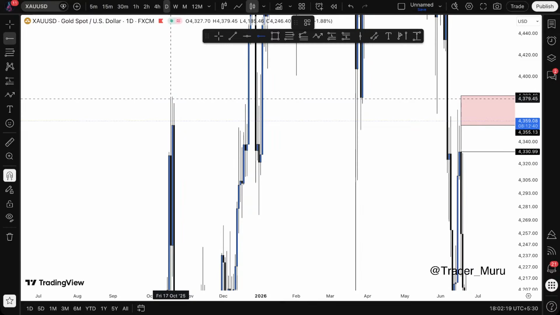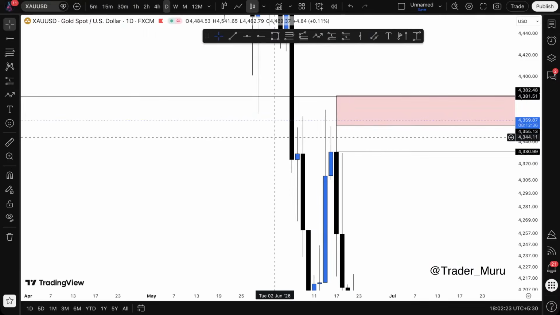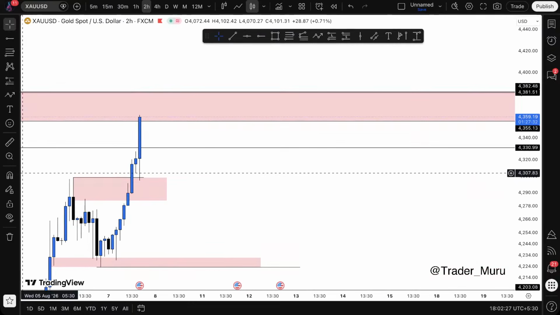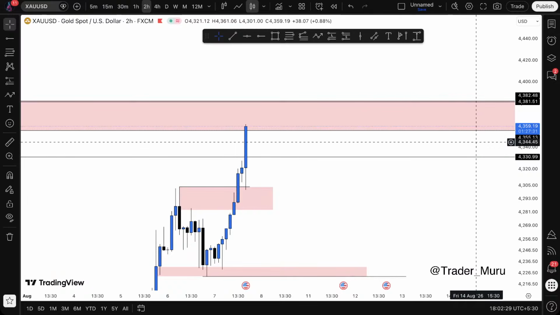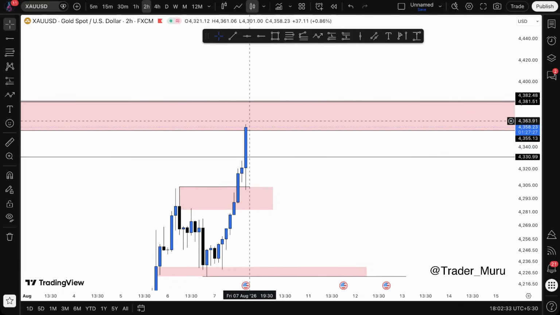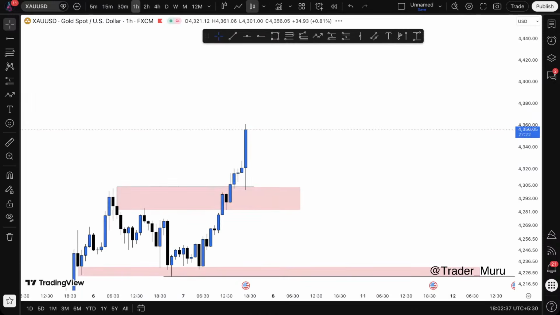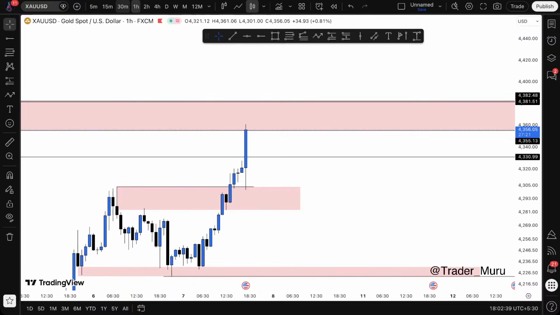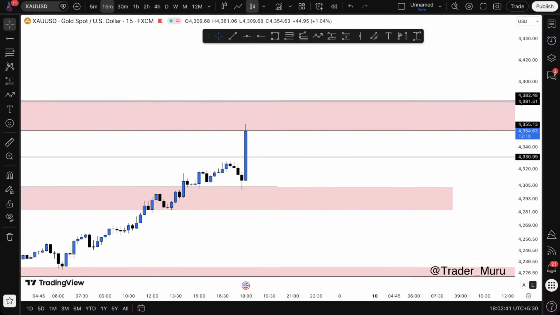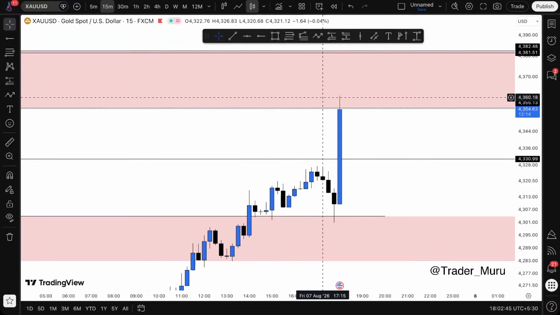Okay, so be careful here. From 81 to 82 will be a good area for the direct rejection, and if we get a candle closing back below, then it will be good for short. We are getting rejection here. Let's see.